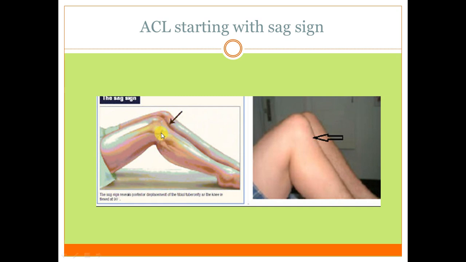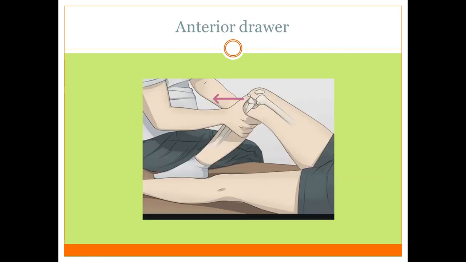You put the palm of your hand on both tuberosities and compare them visually, by your eyes. So start with the sag sign: if you have a posteriorly displaced tibia in relation to the femur, you have to bring it to the normal position, then start the ACL exam.